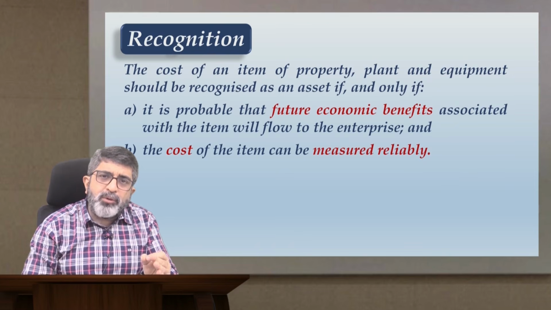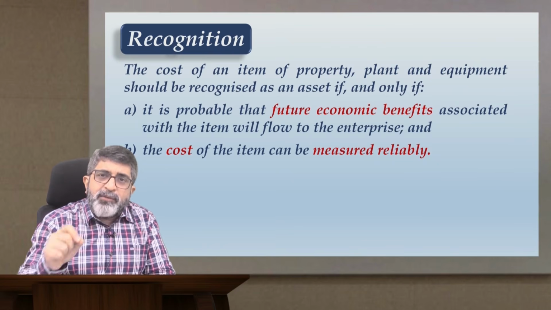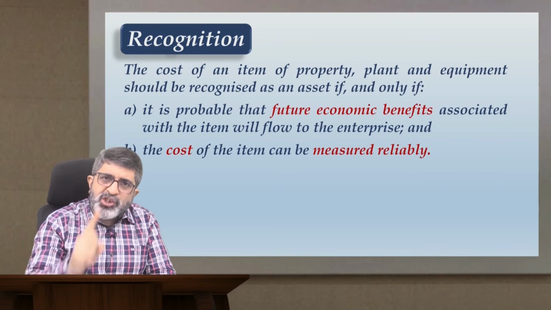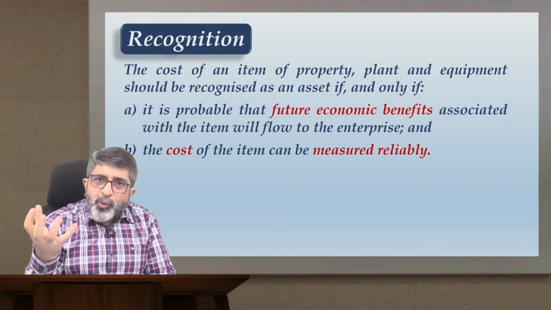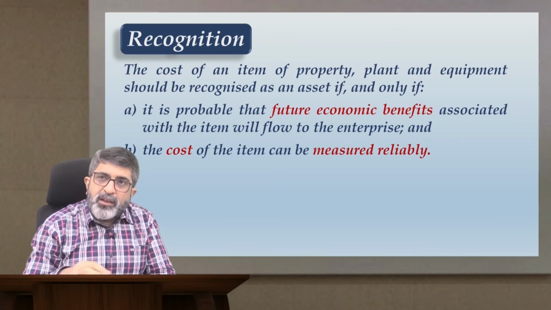Particularly, I am talking about an item of property, plant and equipment. It can be recognized as an asset only when it fulfills these two conditions. So condition number 1, see, it is supposed to provide you future economic benefits, correct?